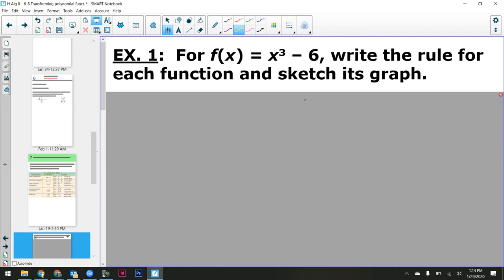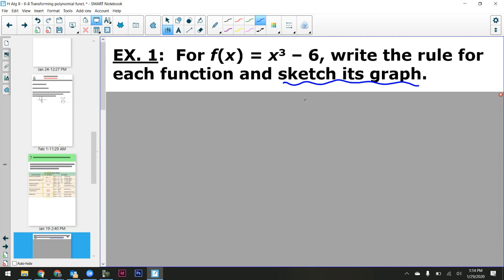Now, this in here, sketch its graph. I will never ask you to graph something by hand from a transformation, okay? If I'm going to ask you to graph by hand, it's what we did yesterday, okay? I'm not going to ask you, that's mean of me, to find a function, transform it, then graph again, all by hand. You will have your calculator if you want to ever check to see if the graph is doing what you think it should.